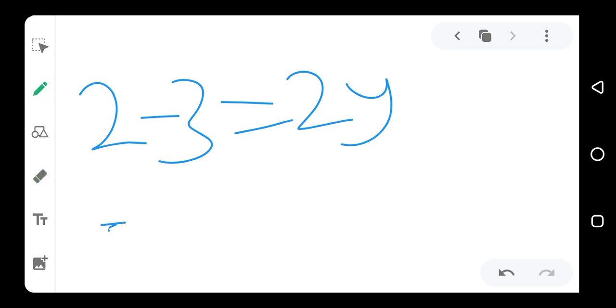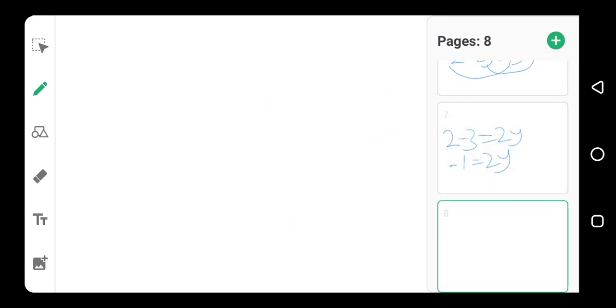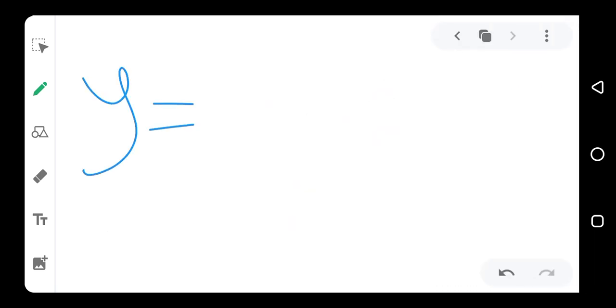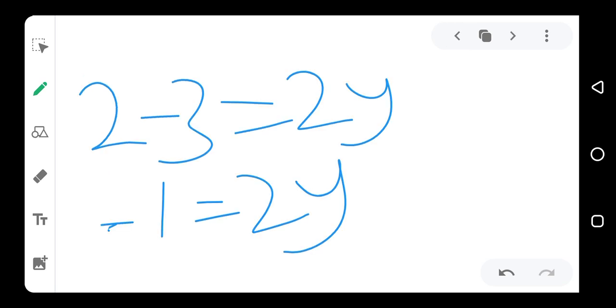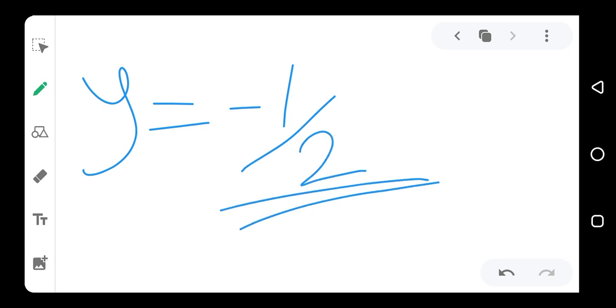So minus 1 is equal to 2y. Now that means y is equal to minus 1 over 2. So this is the value of y.